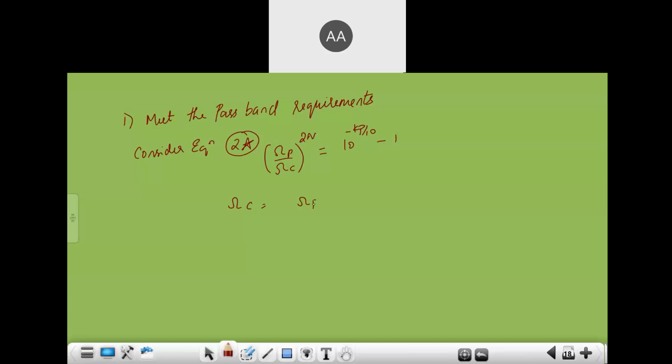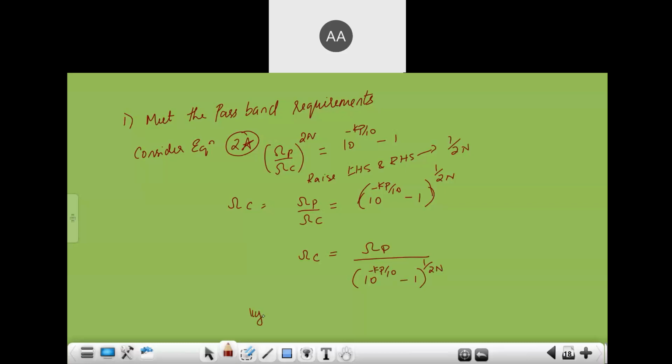So you'll be left with omega p by omega c is equal to (10 power minus kp by 10 minus 1), this whole expression raised to the power 1 by 2n. After this, you can always write down omega c value is equal to omega p divided by (10 power minus kp by 10 minus 1) whole thing to the power 1 by 2n.